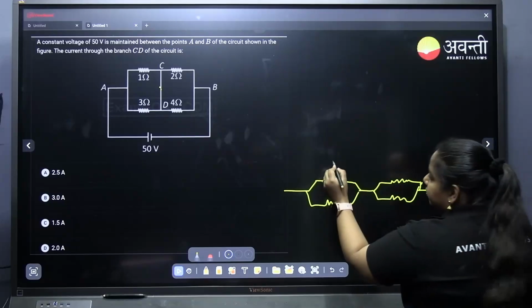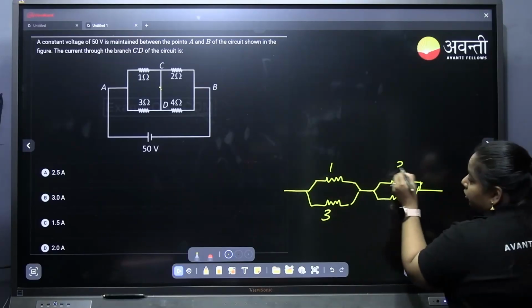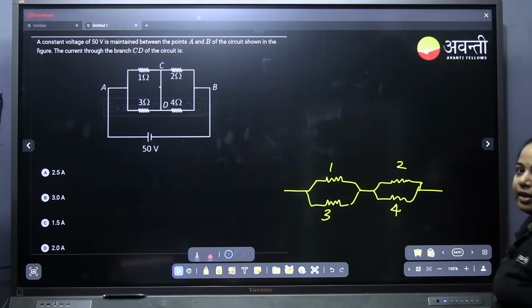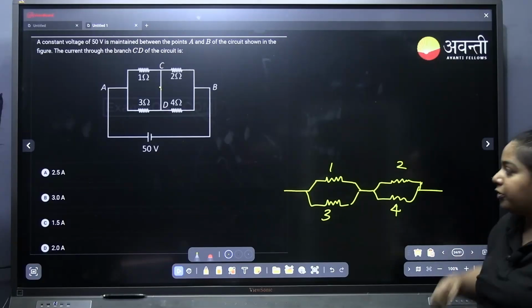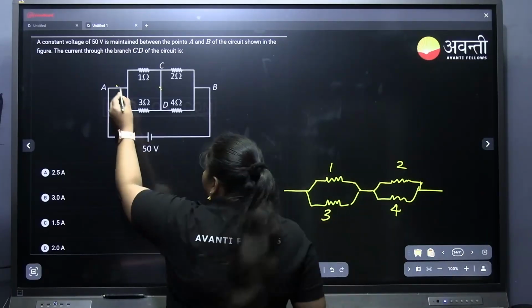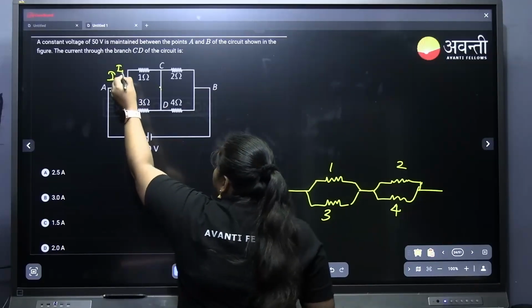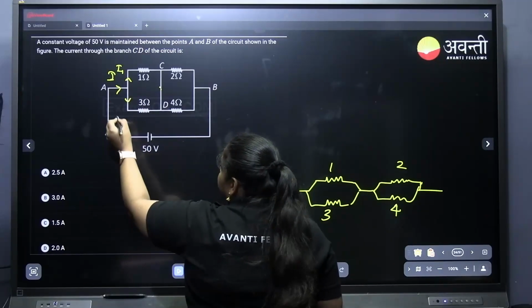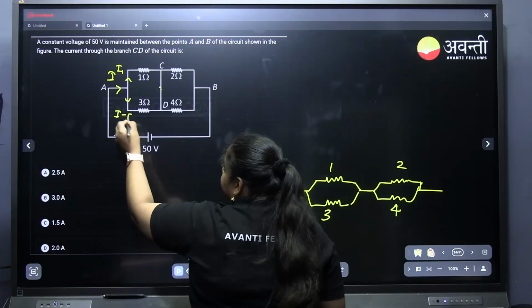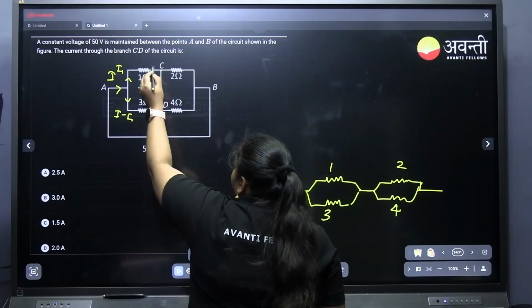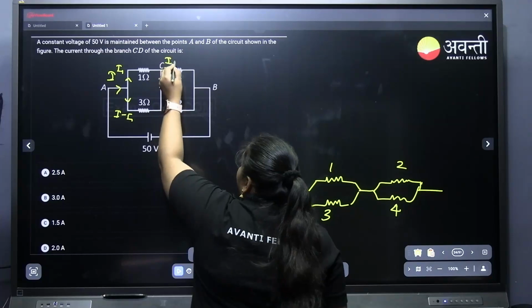This is 1, this is 3, 2, 4. What we have to do is assume that total current I is coming, I1 is going through this direction. So through the other direction it will be I minus I1. At this point I1 is split, I2 will go here.